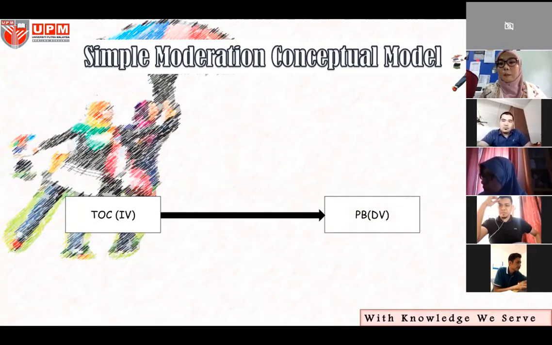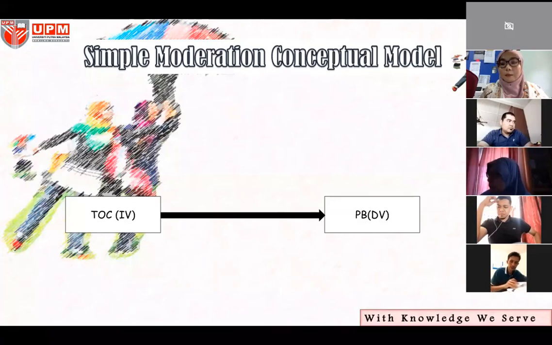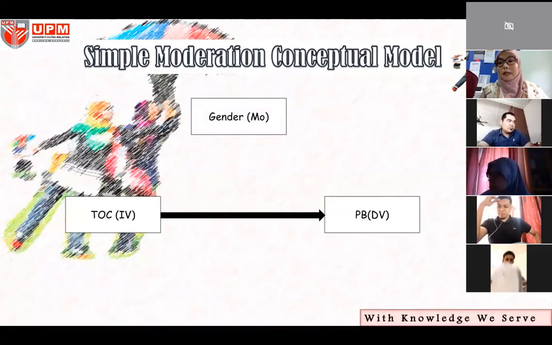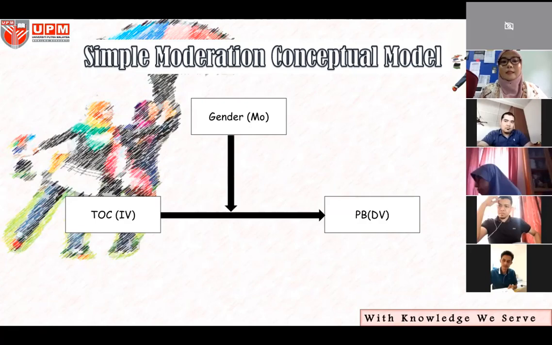Task-oriented coping will be our IV, and our PB is the DV. And then gender in this case is categorical. We have 1 male, 2 female, for example. This is the simple moderation conceptual model.